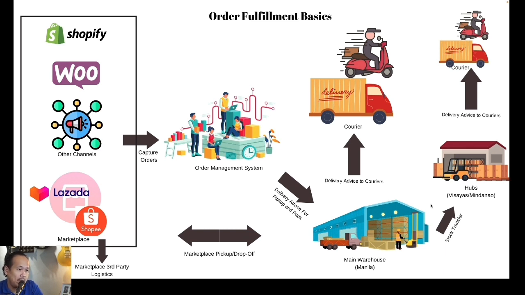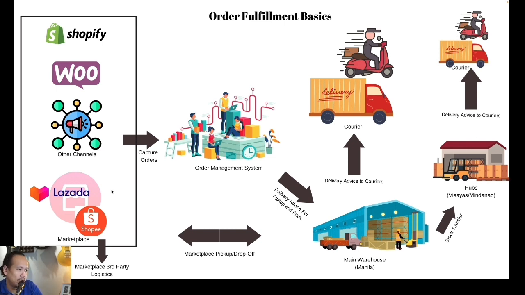So this is where you manage your inventory, doing stock transfers to hubs, so that you make sure that you can deliver what you promise. And then within that hub is where you do your delivery advice for pick and pack, and same process with your main warehouse to advise your in-house courier or your third-party logistic partners.